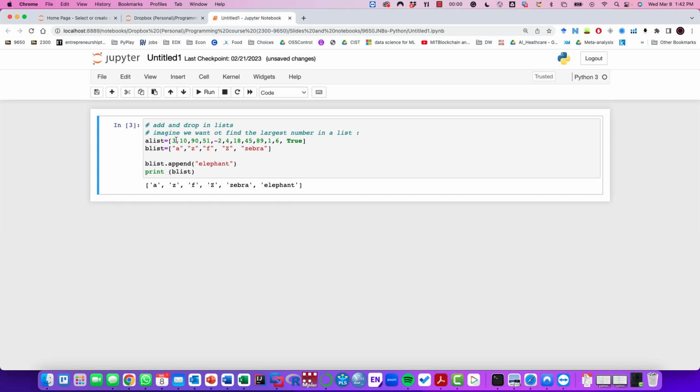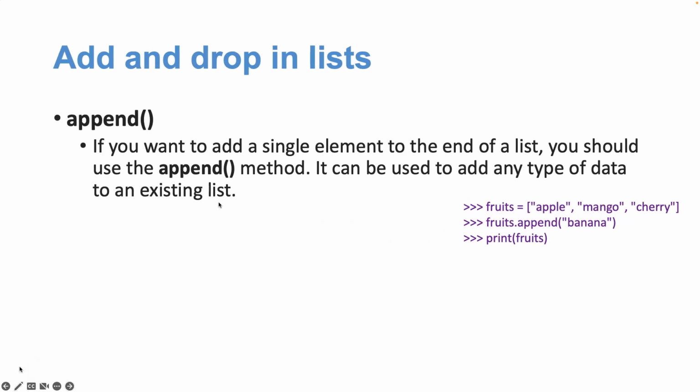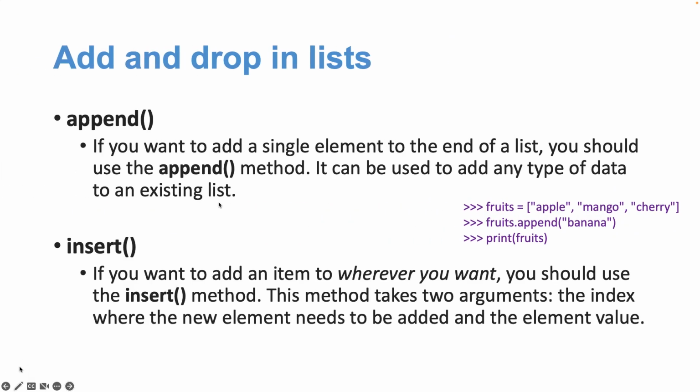We can do the same and add different types of values to the A list as well. Another way to do this is using the insert method. Append only adds new data to the end of the list, but with insert we can add a value wherever we're looking for.